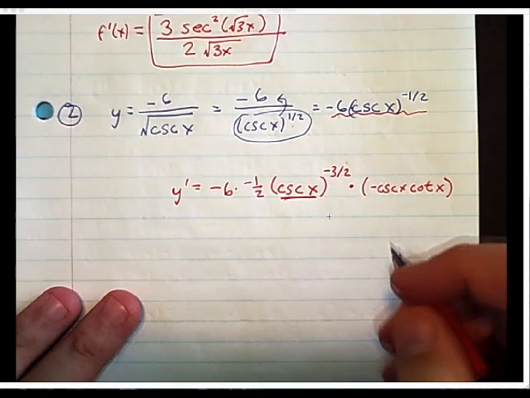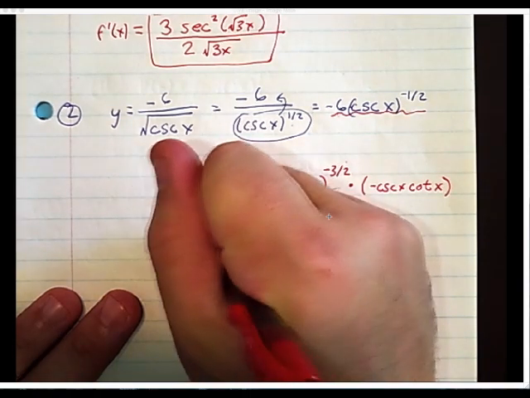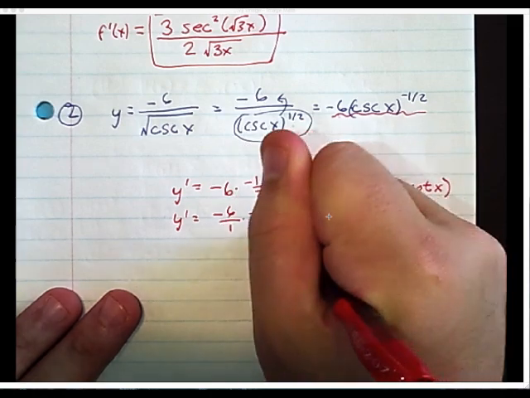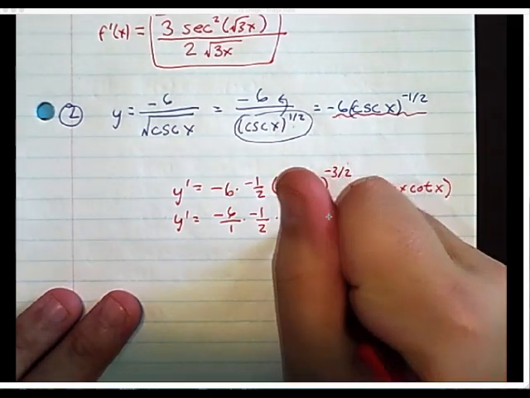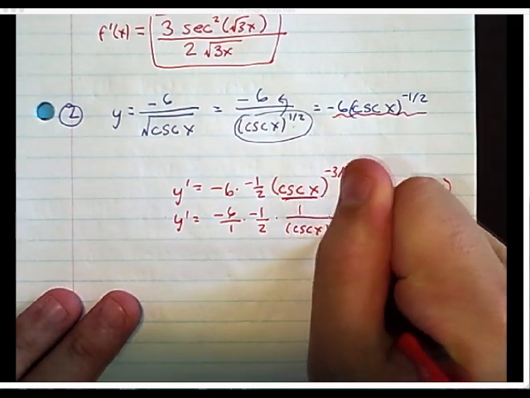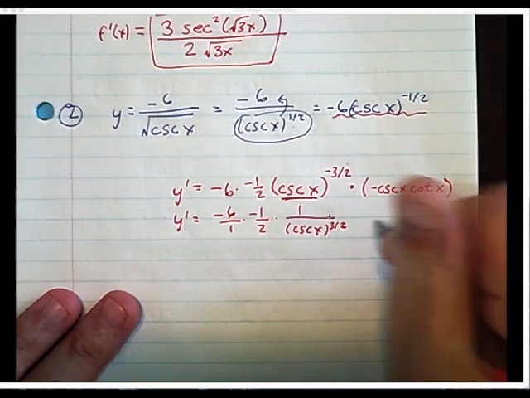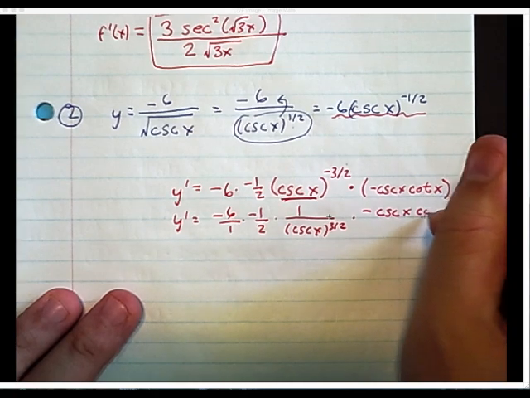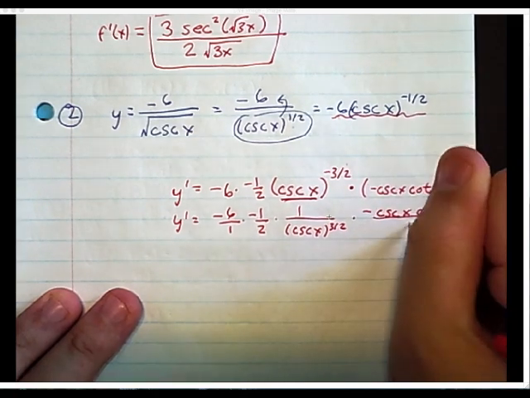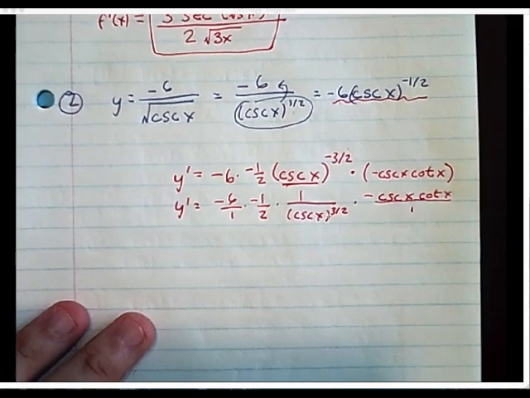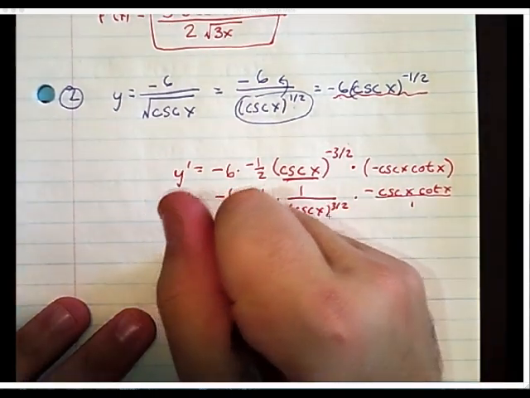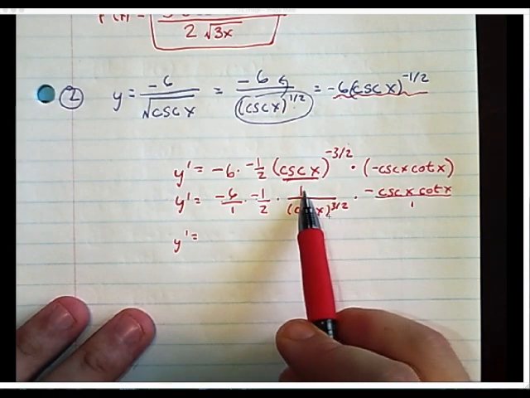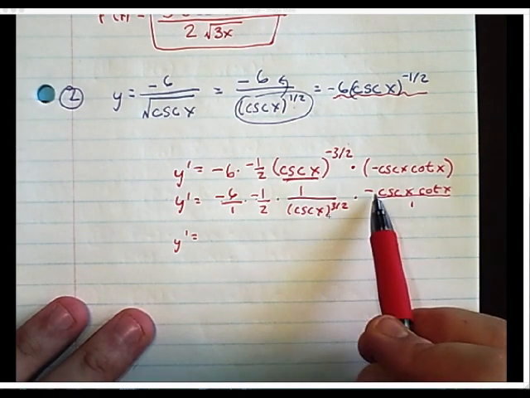So let's kind of see what we have here. So I have a -6 over 1 times a -1 over 2 times a 1 over cosecant of x to the positive 3/2 power times a negative cosecant of x cotangent of x over 1. Okay. So you have a negative 6 times a negative 1, positive 6 times 1, positive 6 times a negative 1, that's negative 6.